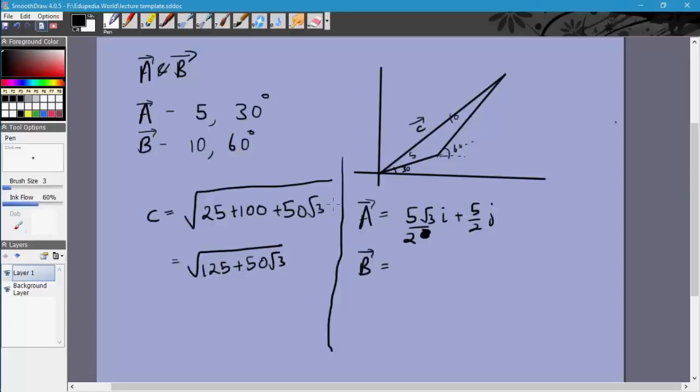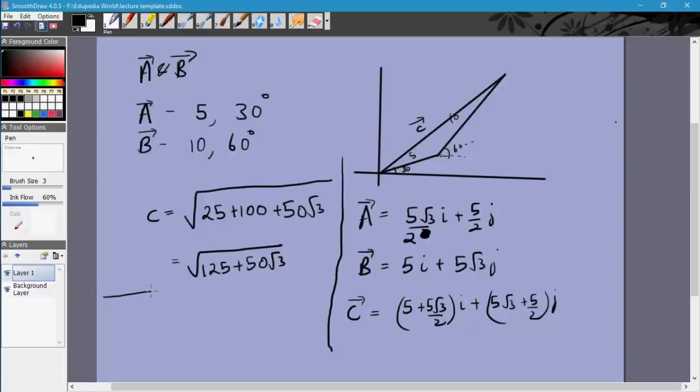B can be written as 10 cos 60 i cap or 5 i cap plus 10 sin 60 j cap or 5 root 3 j cap, which means C will simply be 5 plus 5 root 3 by 2 times i cap plus 5 root 3 plus 5 by 2 times j cap.